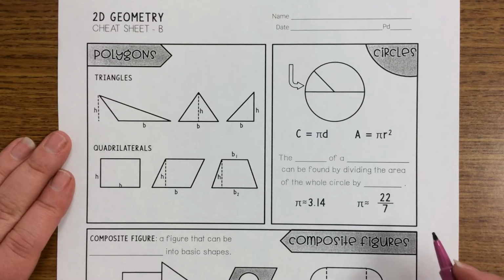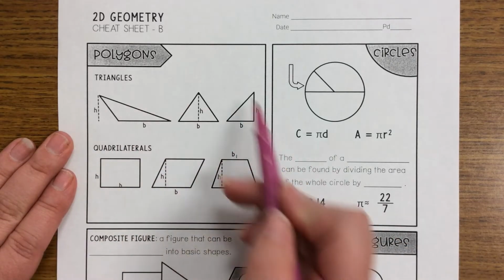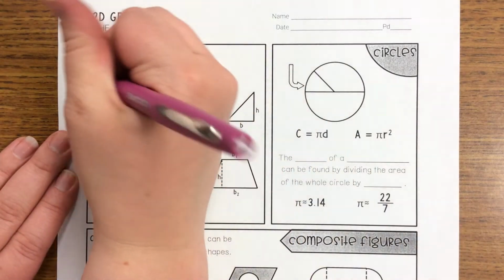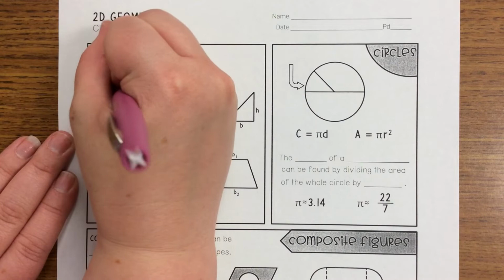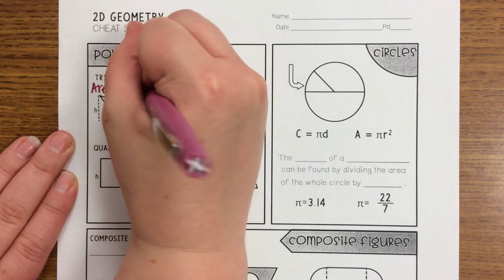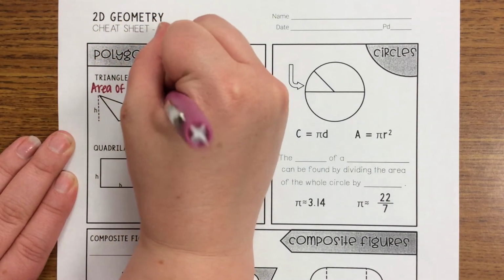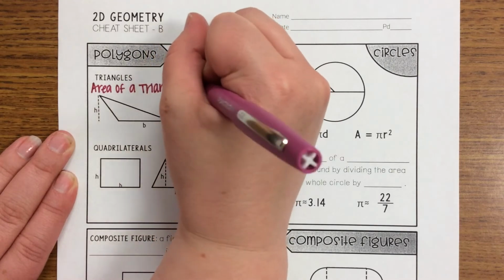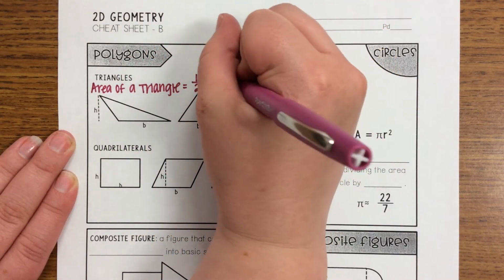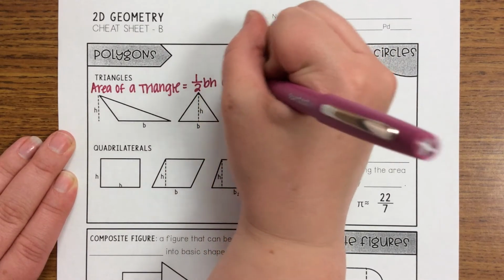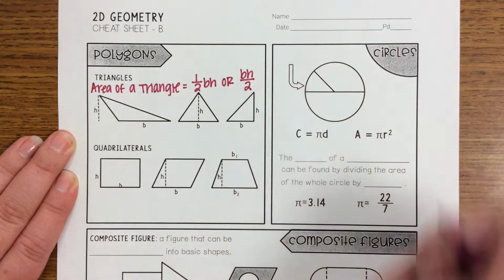First up on this cheat sheet, we do need to review the process for calculating the area of some given polygons. The first type of polygons we see here are triangles, and we need to recall that the formula for area of a triangle is 1/2 the base times the height, or in other words, the base times the height divided by 2.